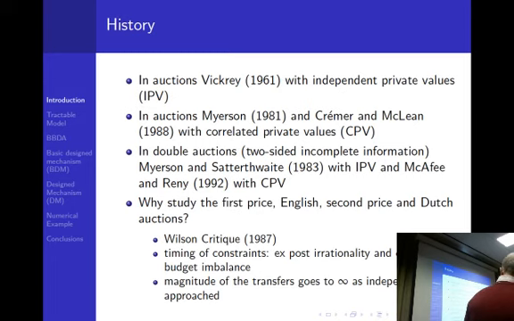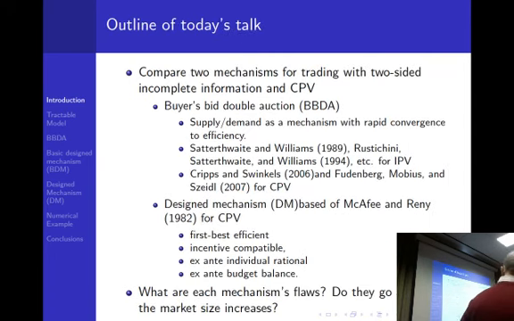So people have also studied mechanisms that have ex post budget imbalance, that have ex post individual rationality. And gee, they aren't perfect, they aren't necessarily efficient, so sometimes they are under some circumstances, and so on. So here's what I want to do in today's talk.